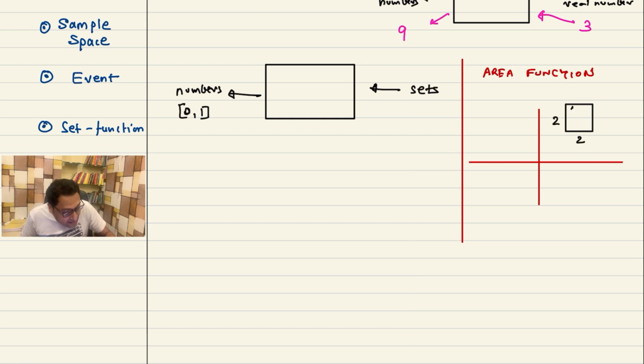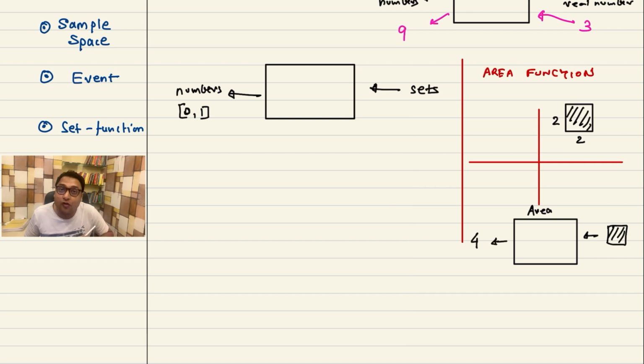So basically I am giving the input as this square shaped region. Now the output, the area, is 4. So again, it's a function. Area is a function which takes input as the square and produces output as the number 4.